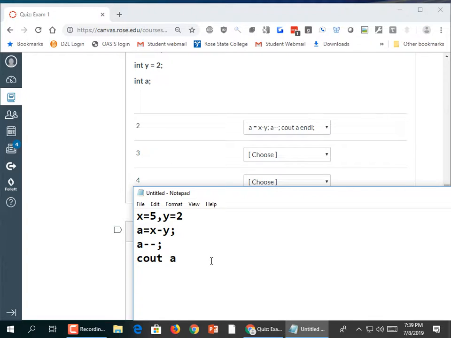Let's look to see what happens. So x minus y, 5 minus 2 is 3. Oh, you know what? Maybe we didn't get this one wrong. And then a minus minus, so 3 becomes 2, and that's what's printed out.